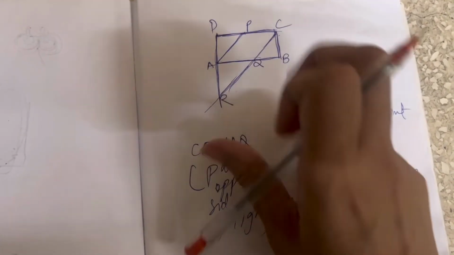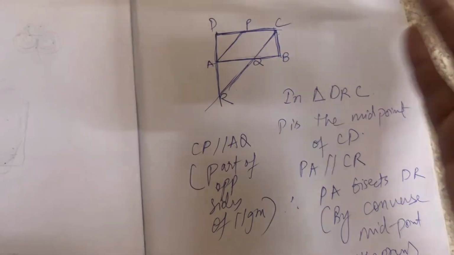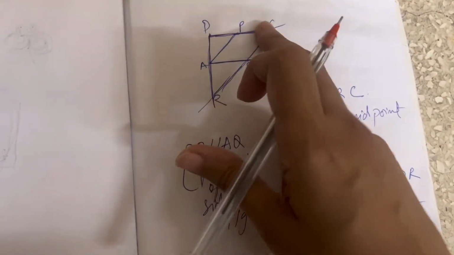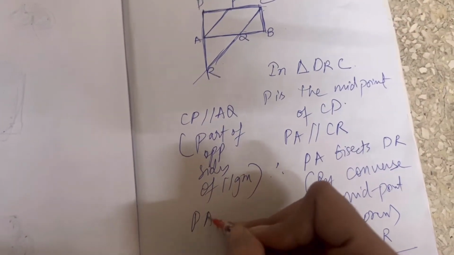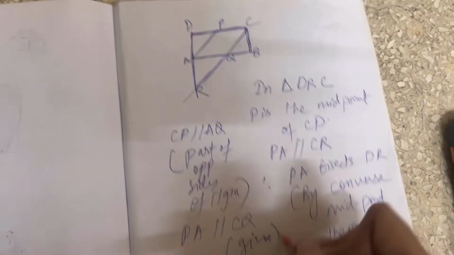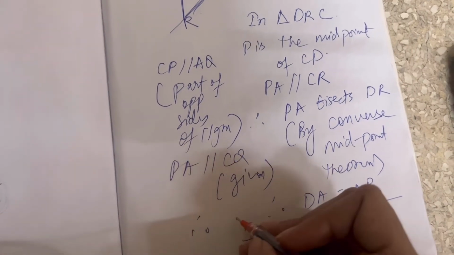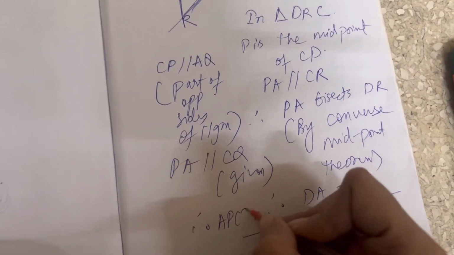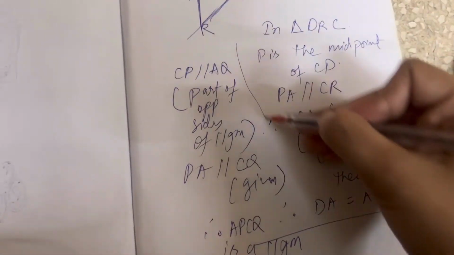Obviously, PC is a part of CD and AQ is a part of AB, and we know opposite sides of a parallelogram are parallel, so AQ is parallel to PC, and again PA is parallel to CQ, which is given. Therefore, can't we say that APCQ is a parallelogram because opposite sides are parallel? Therefore, APCQ is a parallelogram, right?